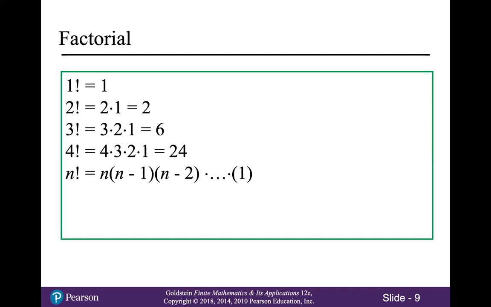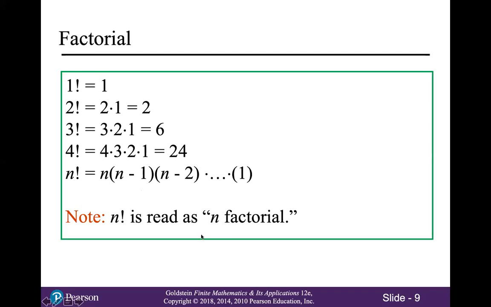So this only works for whole numbers. Note n factorial: the tired old cliche joke that I like to use is that this notation is not read n, but is read n factorial.